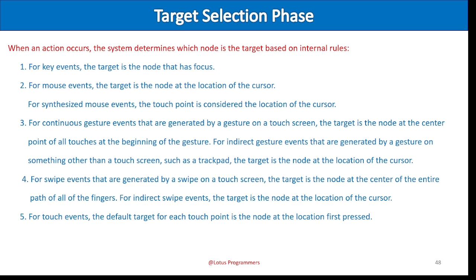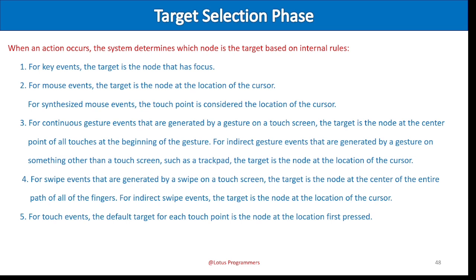When it is a mouse event, the target is the node at the location of the cursor. For touch gestures, the target is the center point of all touches at the beginning of the gesture. A swipe event is generated by a swipe on the touch screen. For touch events, the default target for each touch point is the node at the location where it is first pressed.